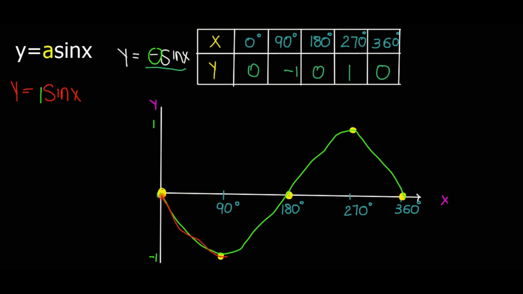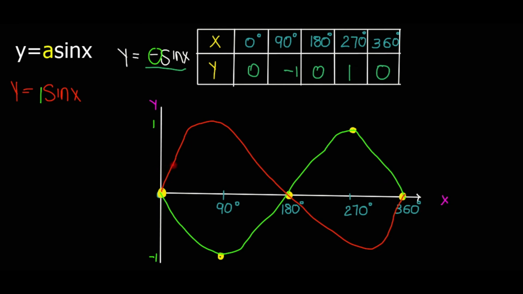The first peak goes negative. Remember our original graph of y is equals to positive sin x goes in this way. So this one starts going negative because the value is negative.